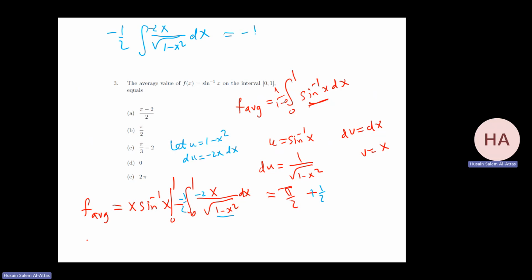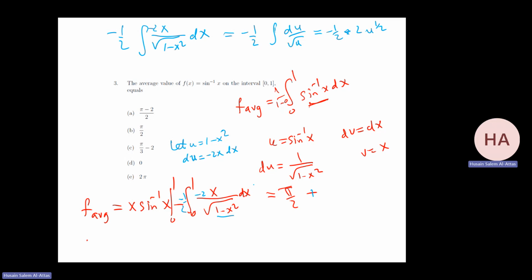That gives me minus half du over square root of u, or u to the power minus half, which is minus half times 2u to the power half. Minus half times 2 will be killed. That gives me u to the power half.